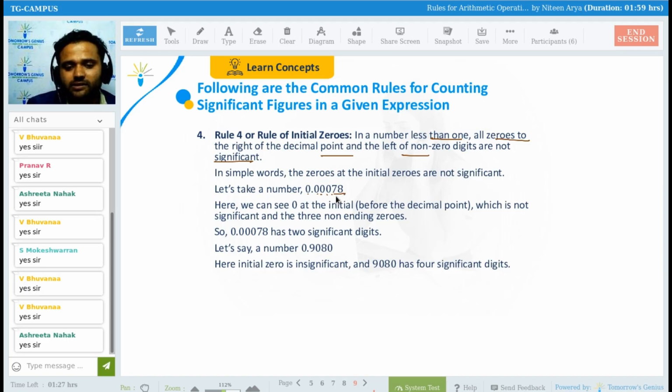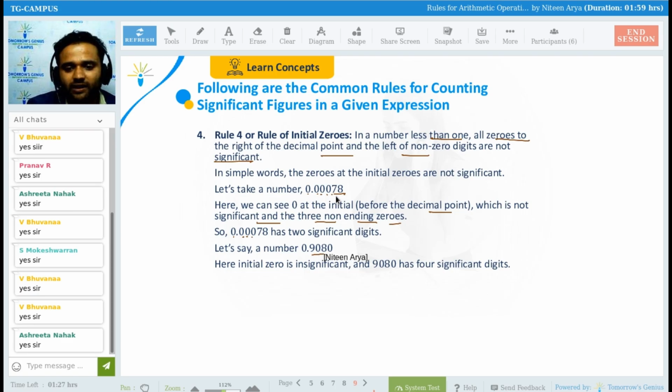Why can we not count this? Because these are not going to matter. Okay. So here we can see 0 at the initial before the decimal point, which is not a significant figure, and the 3 non-ending zeros, so it has 2 significant digits. Or let's say a number, this one.